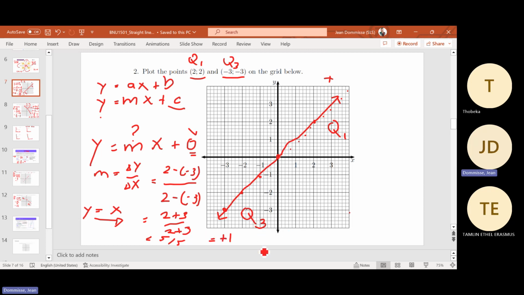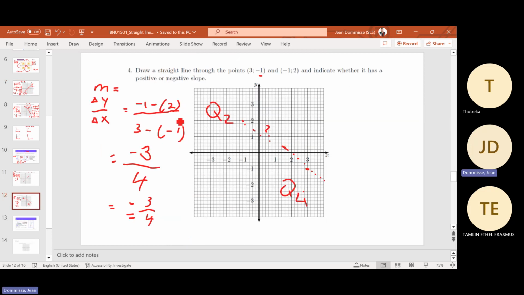Okay, so again, they can ask you when is it a negative slope, when is it positive. So when it goes up, positive, positive, it will be a positive slope. When it goes positive but negative, it's a negative slope.